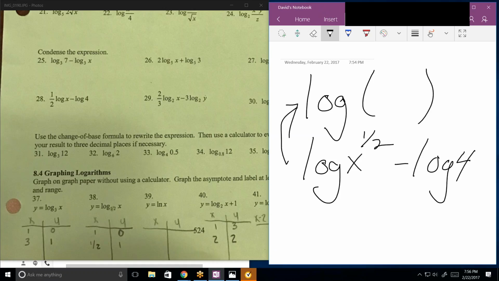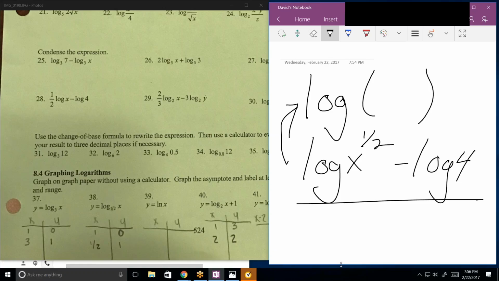What's the single log expression, if this is step 1 of the condensing? I'm subtracting two logs. What does that turn into when I condense? Does it turn into division or multiplication? Division. Okay, so what goes inside the parentheses?